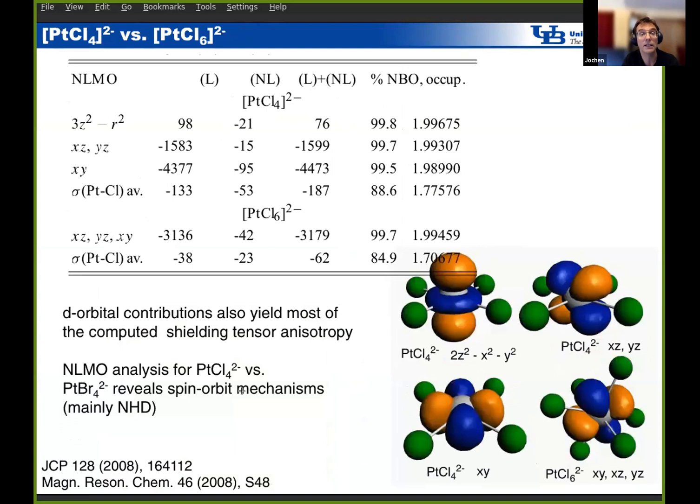But the bottom line here is that in PtCl6 2-, you have the dxz, dyz, dxy occupied, and each one of them generates a very, very large paramagnetic d-shielding, whereas in the square planar complex, there is one orbital like this, that's the in-plane dxy that's occupied, that creates most of the d-shielding, and the other two orbitals are much weaker, and that has to do with the fact that the complex is square planar. So there are no antibonding orbitals perpendicular to the plane available for the magnetic coupling.